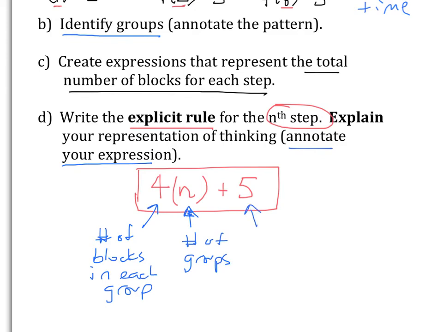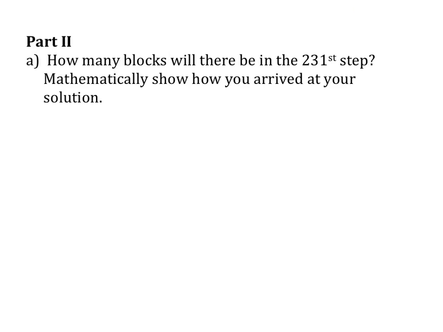And then 5, we always added 5 because those were the blocks that were uncircled every time. That explicit rule will really help us here, if you remember. 4n plus 5.